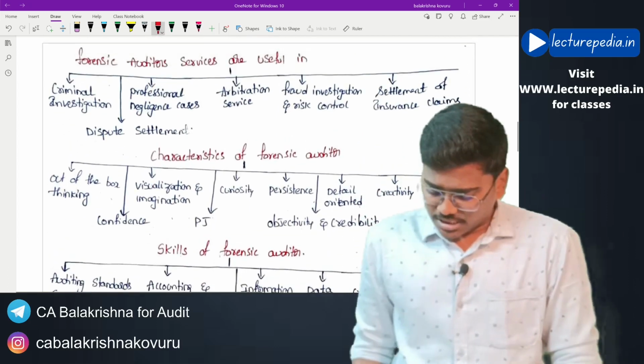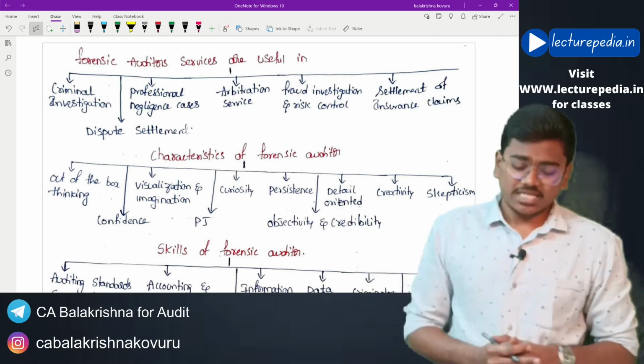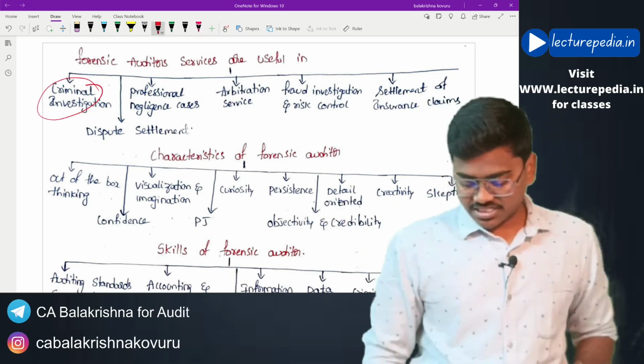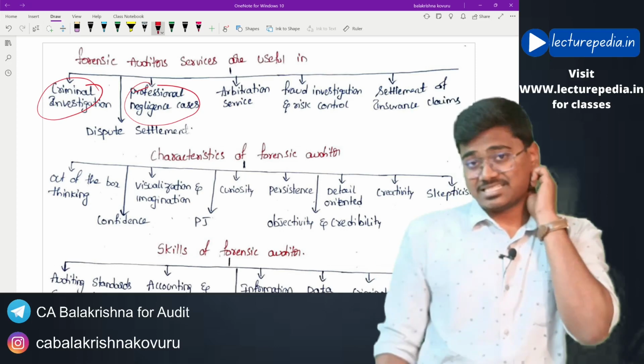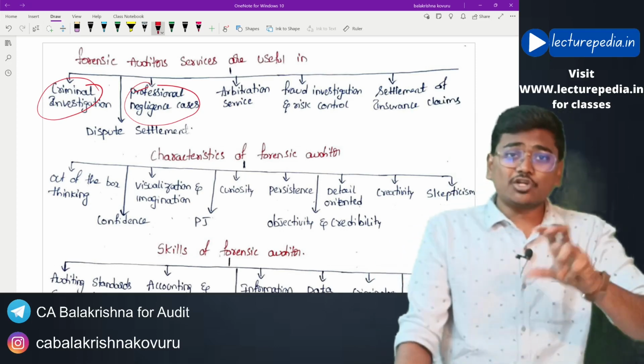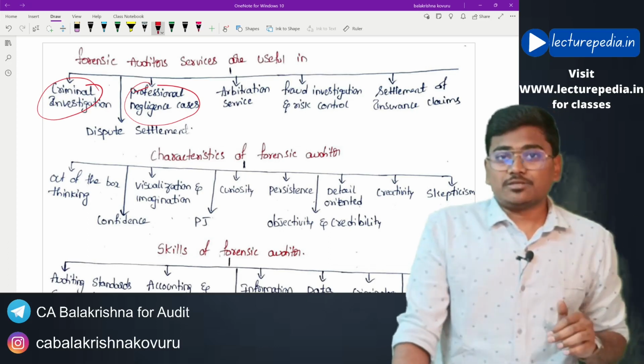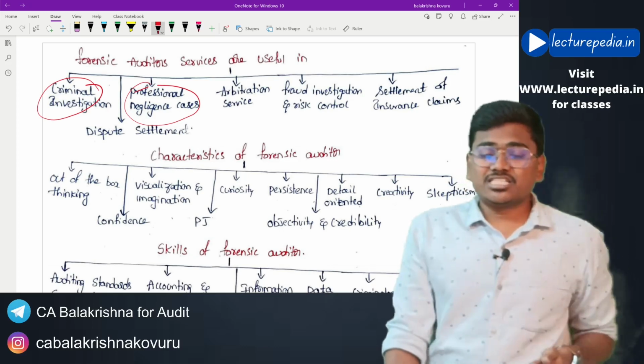And the services of a forensic auditor are useful in the following industries: criminal investigation, professional negligence cases. Okay, if any professional has not complied with any relevant regulatory requirements, then he will be professionally negligent.